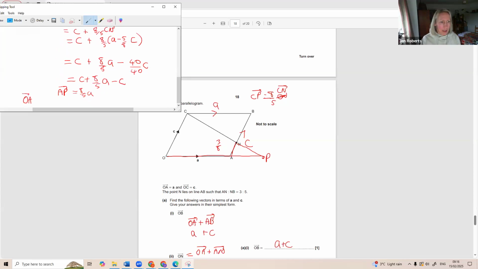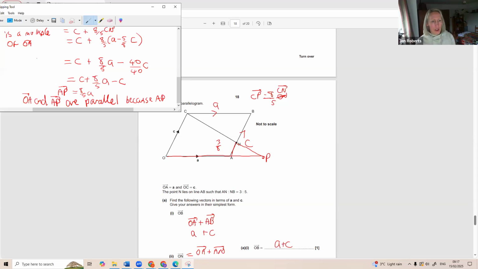So OA and AP are parallel, and it's because one is a scalar multiple of the other. It's because AP is a multiple of OA.